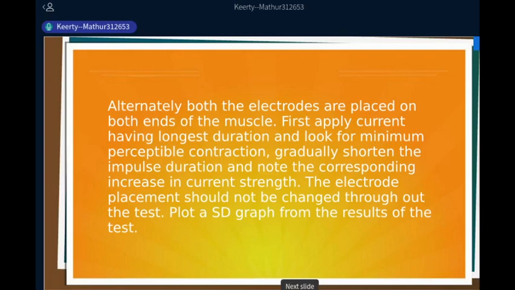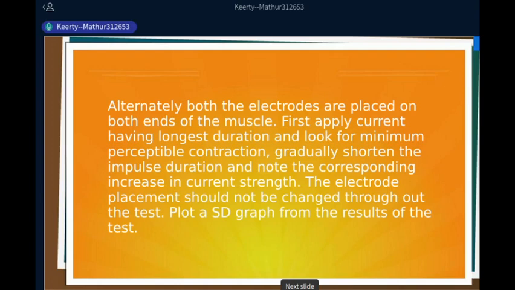Then alternately, both the electrodes are placed on both ends of the muscle. First apply current having the longest duration and look for the minimal perceptible contraction. Be very cautious about this, because we have to record the minimal perceptible contraction. Gradually shorten the impulse duration and note the corresponding increase in current strength, and the electrode placement should not be changed throughout the test.